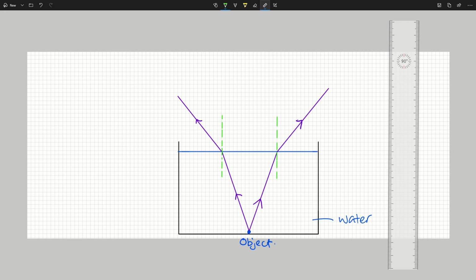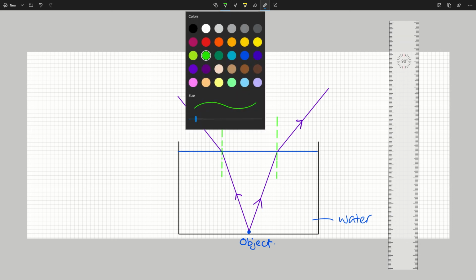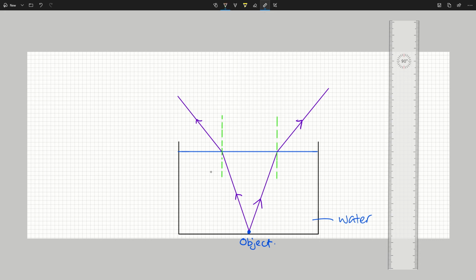So it bends away, okay? And your eye is here. It's going to look strange, but never mind. So be it. This is your eye.